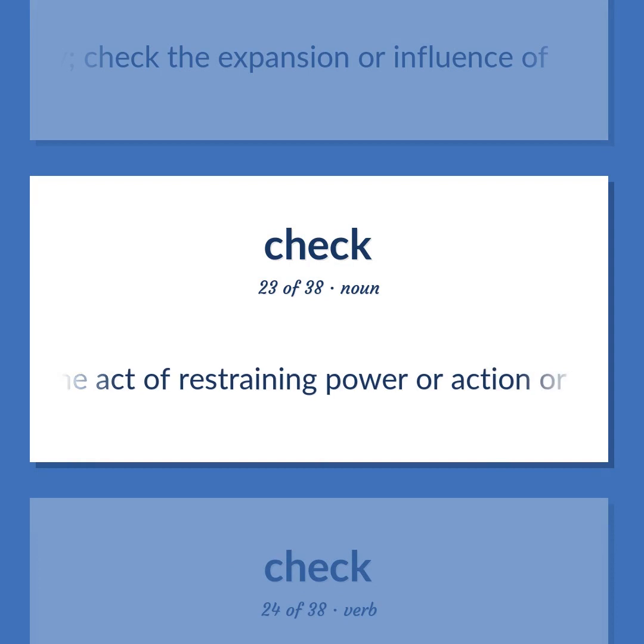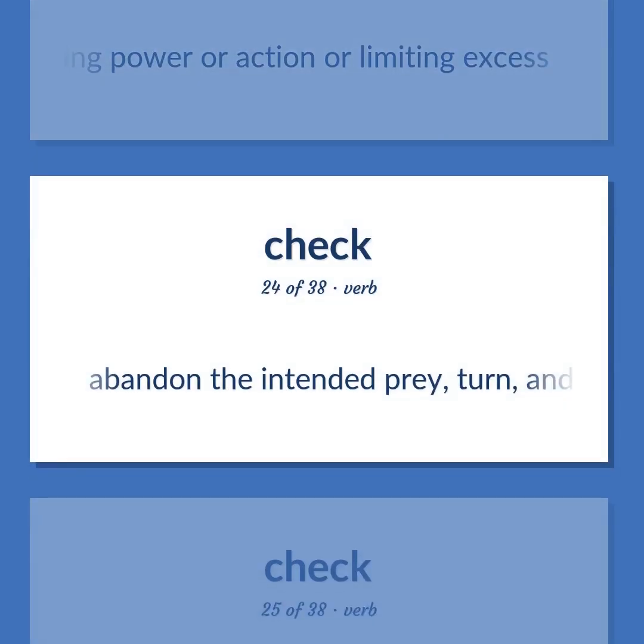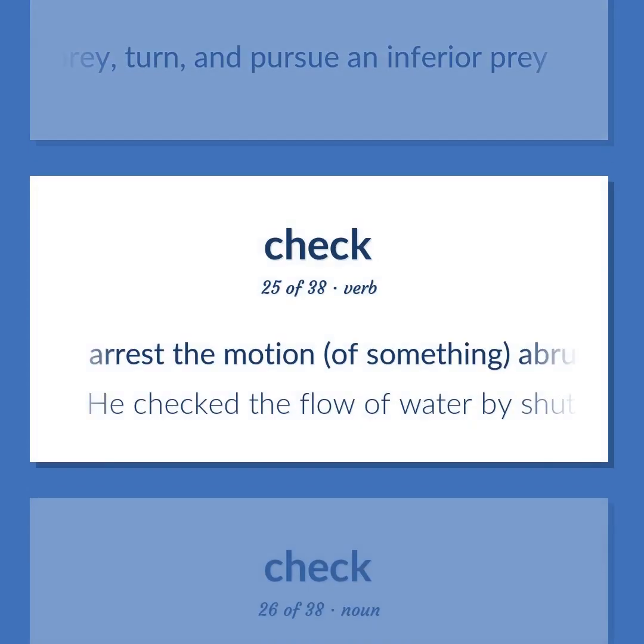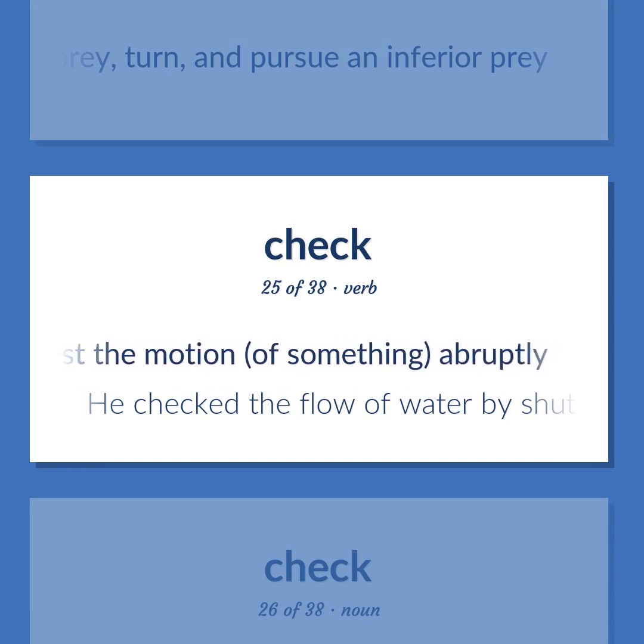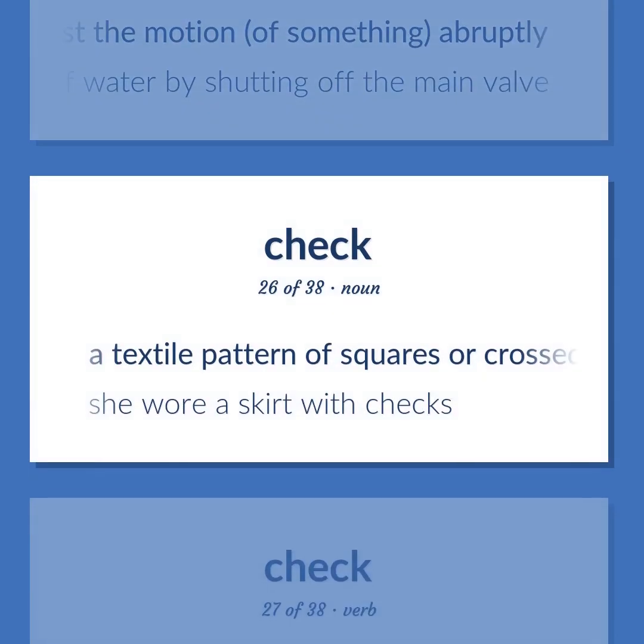The act of restraining power or action or limiting excess. Abandon the intended prey, turn, and pursue an inferior prey. Arrest the motion of something abruptly. He checked the flow of water by shutting off the main valve. A textile pattern of squares or crossed lines, resembling a checkerboard.